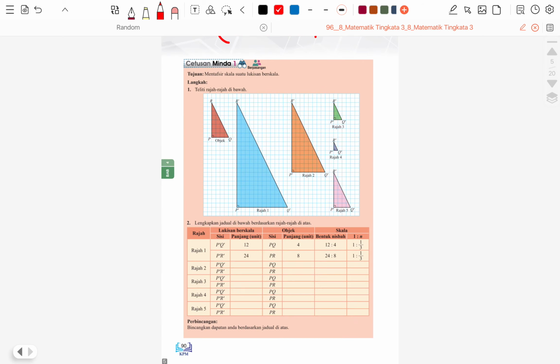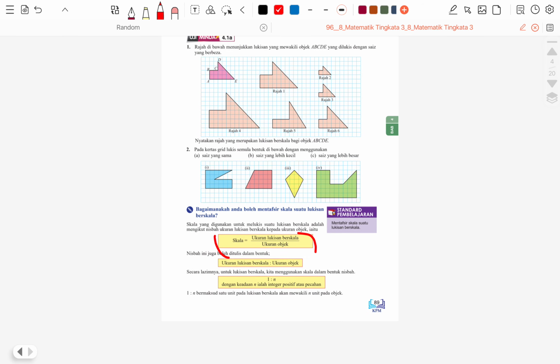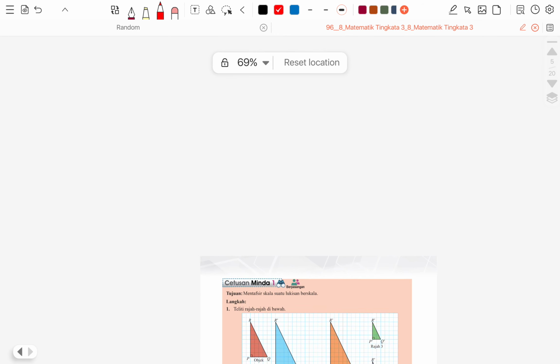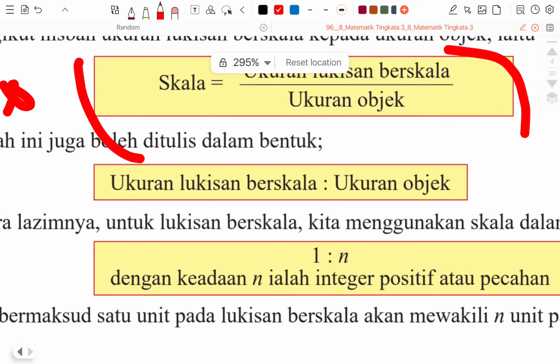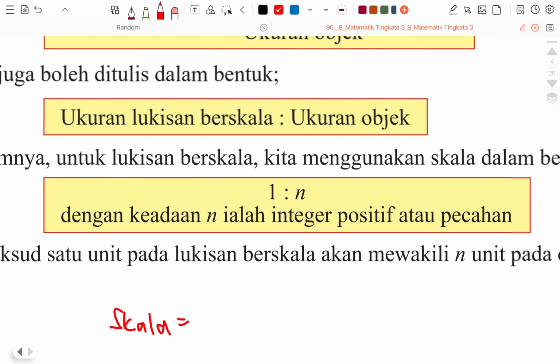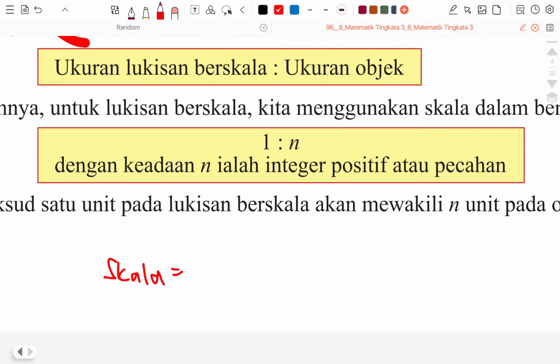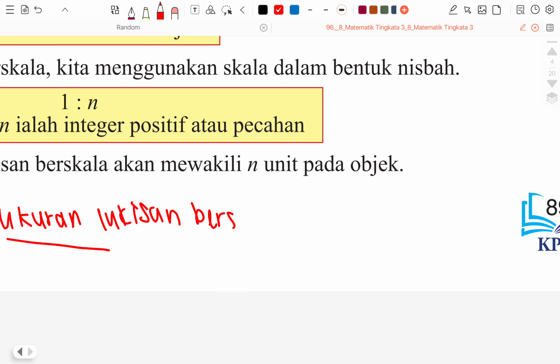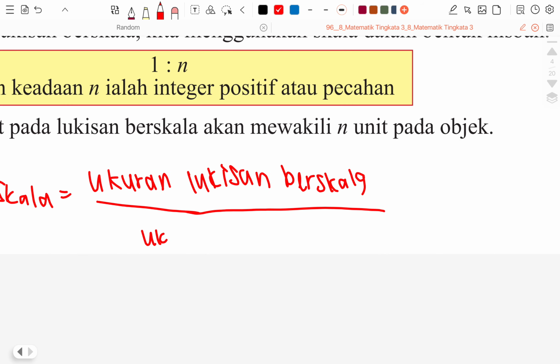So let's look at an example related to this formula right here. Skala adalah sama dengan ukuran lukisan berskala divided by ukuran objek.